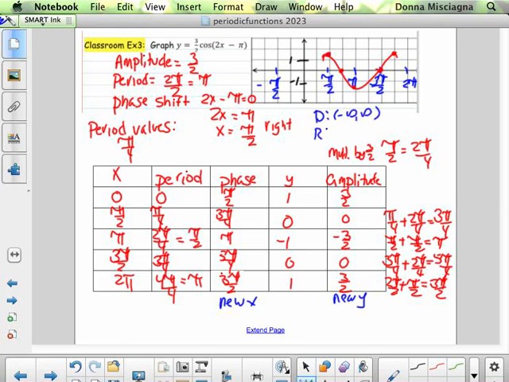The range: we have negative 1 times the amplitude change, 3 halves, to 1 times the amplitude change, 3 halves. So that's going to be negative 3 halves to 3 halves, and that needs brackets.